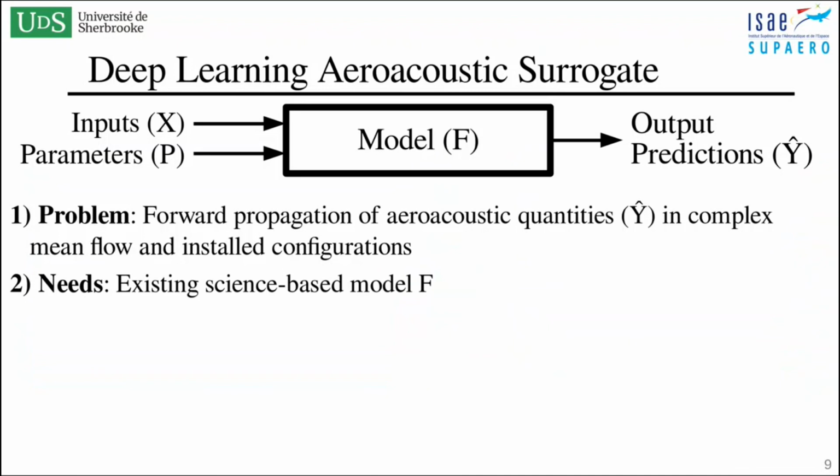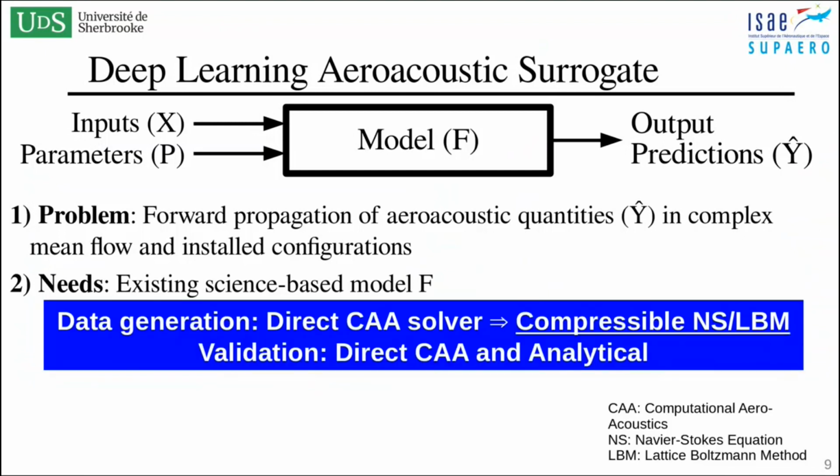In order to do that, we need some existing science-based models, for example, a PDE solver. In our case, we are going to use some direct computational acoustic solvers. In particular, we are going to use a compressible Navier-Stokes solver called IVVP, and also a lattice Boltzmann solver, which is also compressible, called Palabos. This is going to be used for generating our databases.